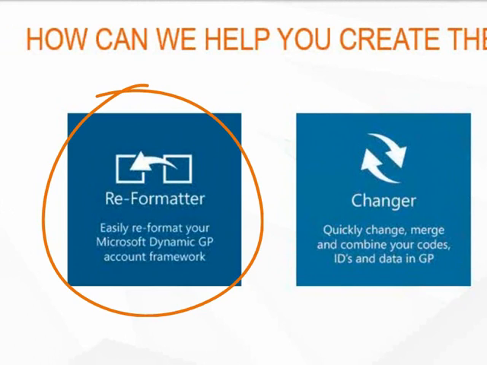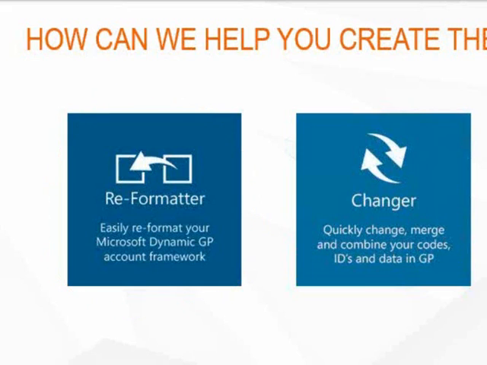What Reformatter does is allow us to extend or change the number of segments in the GL structure if the account maximum has already been set. So on implementation, if we've gone in and said, hey, you've got a maximum account length of 12 characters, then I can't really go to this 5-segment structure with 3 characters each because I don't have room.